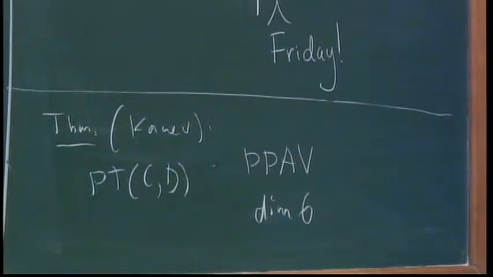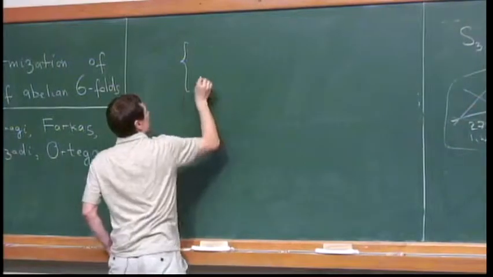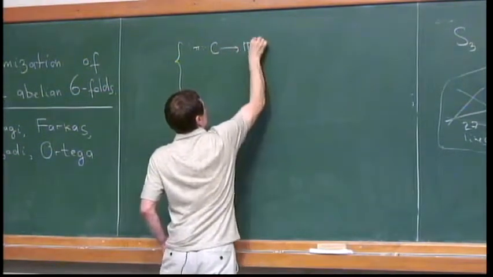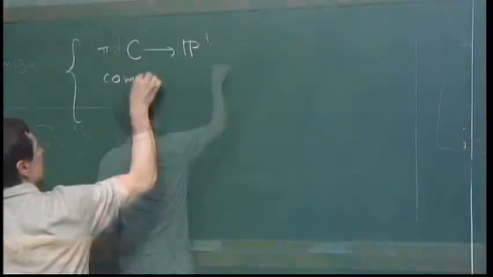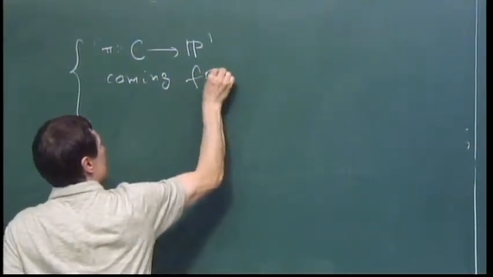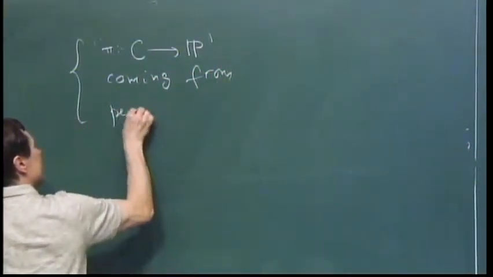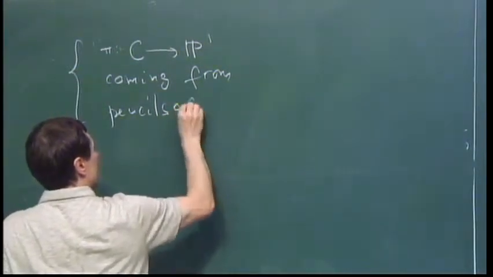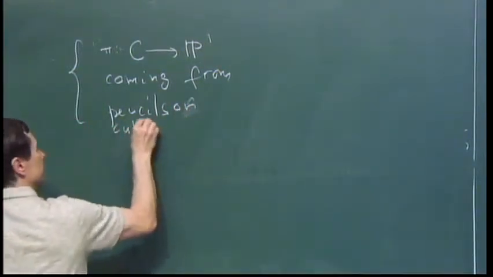Well, that's the construction. So let's look at what we have. We have these covers C to P1 coming from pencils on cubic 3-folds.